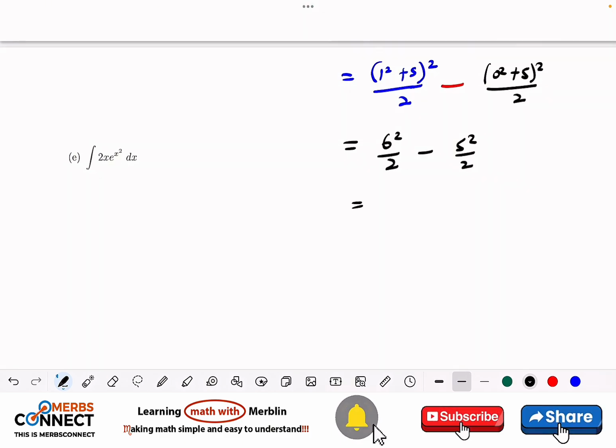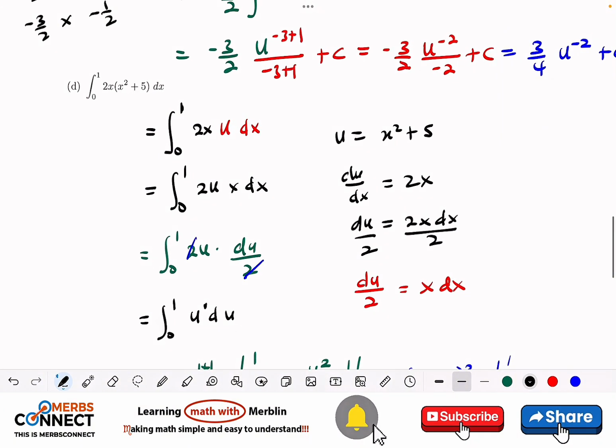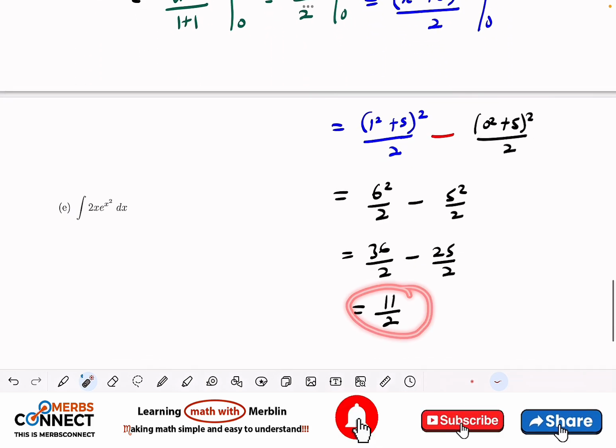So this is 36 divided by 2 minus 25 divided by 2. Since the bases are the same, we can just subtract the top. I think we are going to get 9, right? No, 36 minus 25 is supposed to be 11 rather. Yeah, 11 divided by 2. So this is what you are going to get for integrating this function right here: 11 over 2.